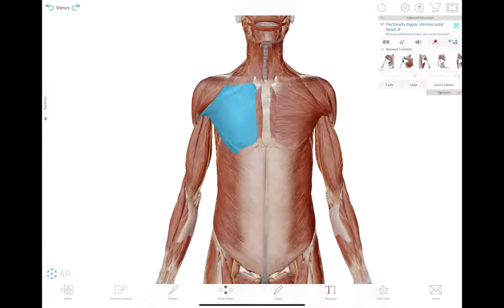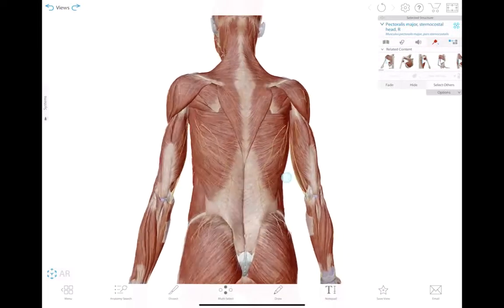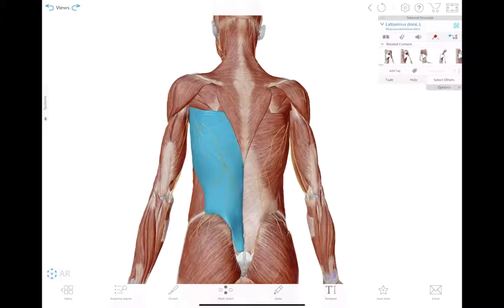All right, so now our next muscle is the latissimus dorsi. So your lat muscles, your lats. Let's go to the back. So this would be the latissimus dorsi here. The latissimus dorsi is going to function in moving the shoulder.